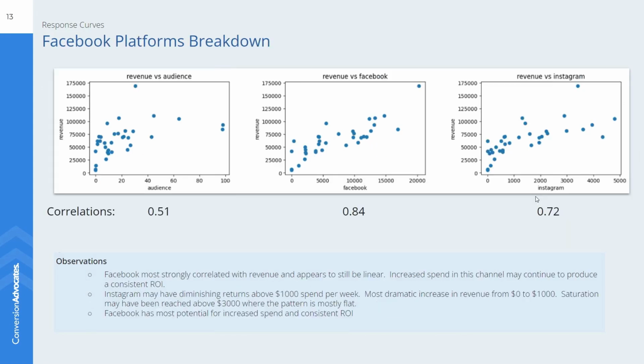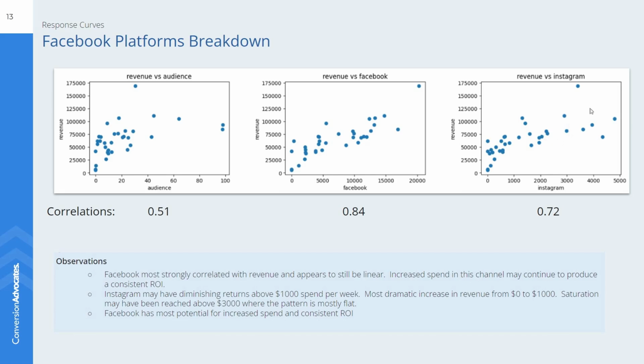However, we can break down Facebook within different platforms. So Facebook spend, it can go to audience, it can go to the Facebook website itself, and it can also go to Instagram. So Facebook itself looks quite linear. I don't see a point of diminishing returns.